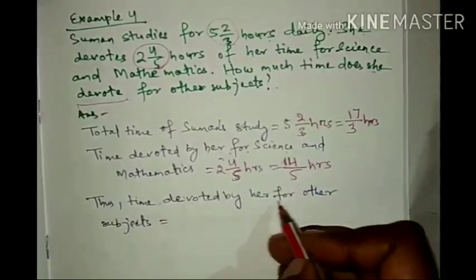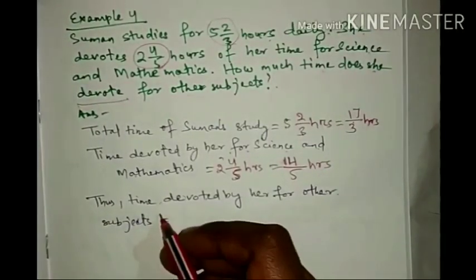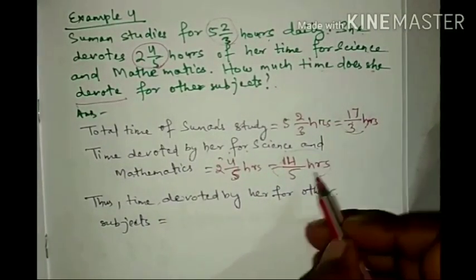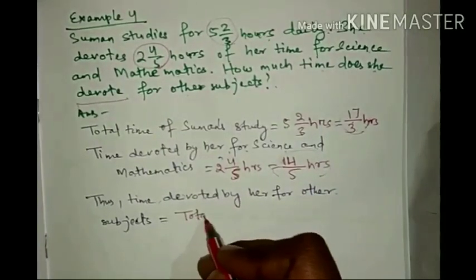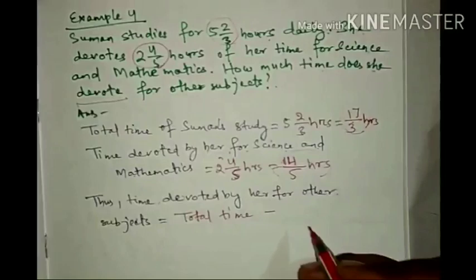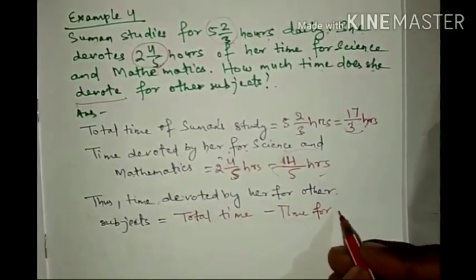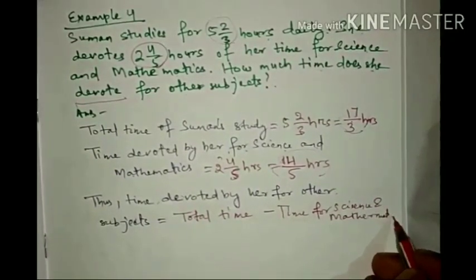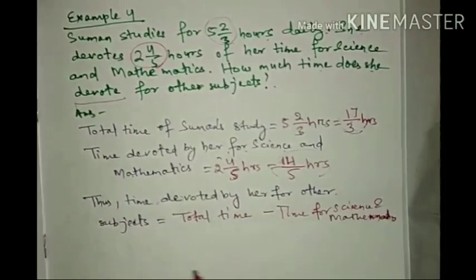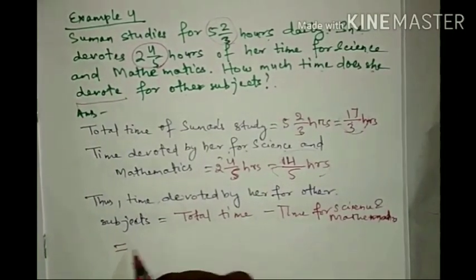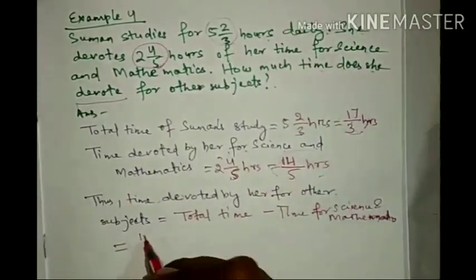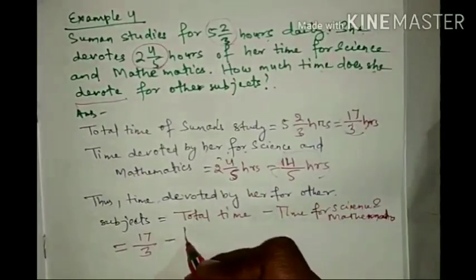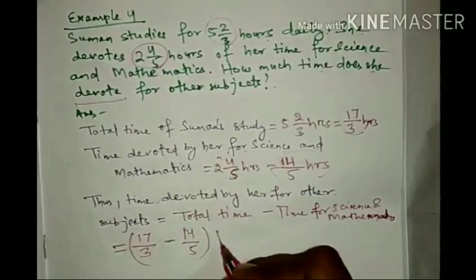Thus, for the time devoted by her for other subjects, we take total time minus time devoted for science and mathematics. So total time minus time for science and mathematics equals 17/3 minus 14/5 hours.